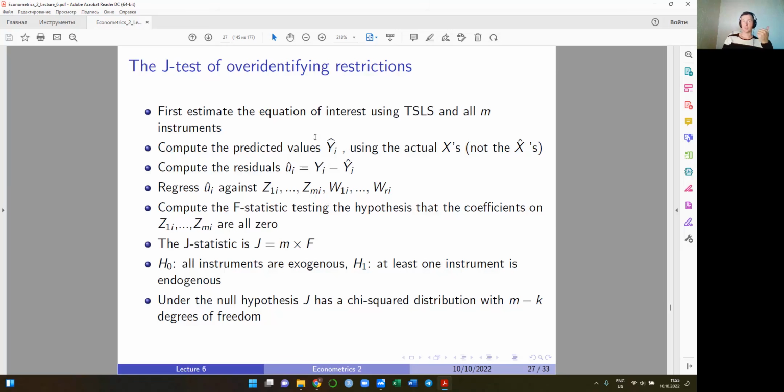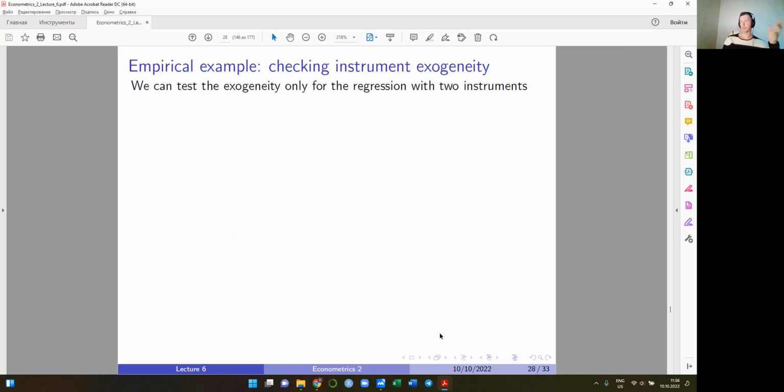From the second stage regression, we obtain residuals, and we regress residuals on instruments and control variables. Again, we obtain the F statistic and multiply by the number of instruments to get the J statistic. The J statistic has a chi-square distribution. You will do all the steps in the exercise session to obtain the same results as we have in the lecture.